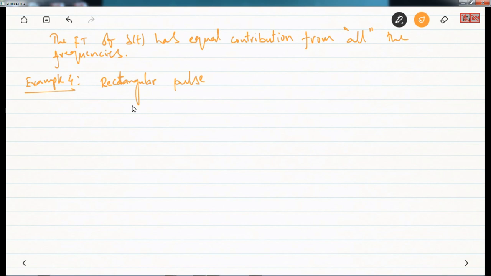This rectangular pulse is nothing but a pulse from minus t1 to plus t1.